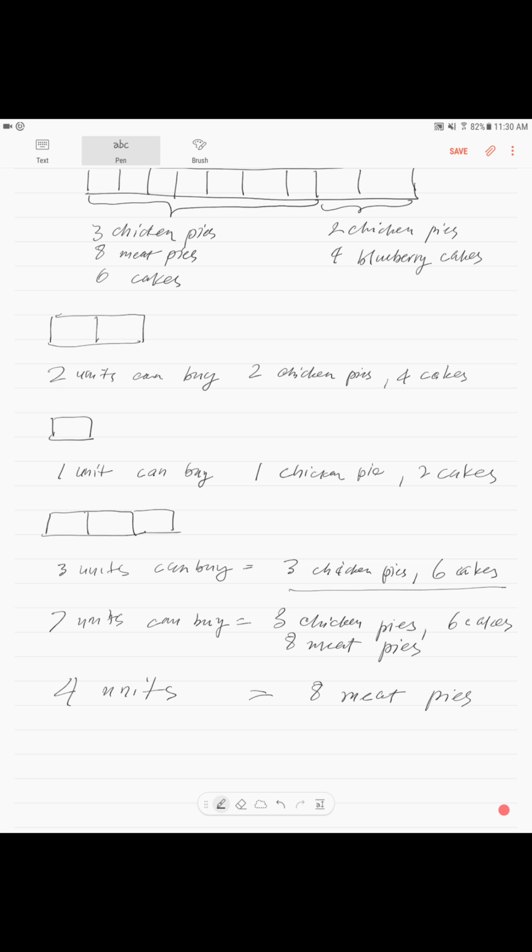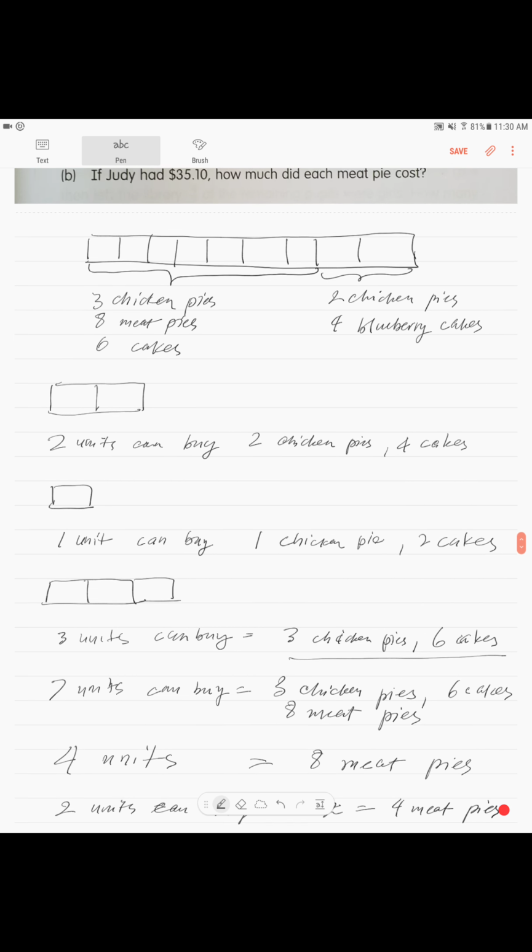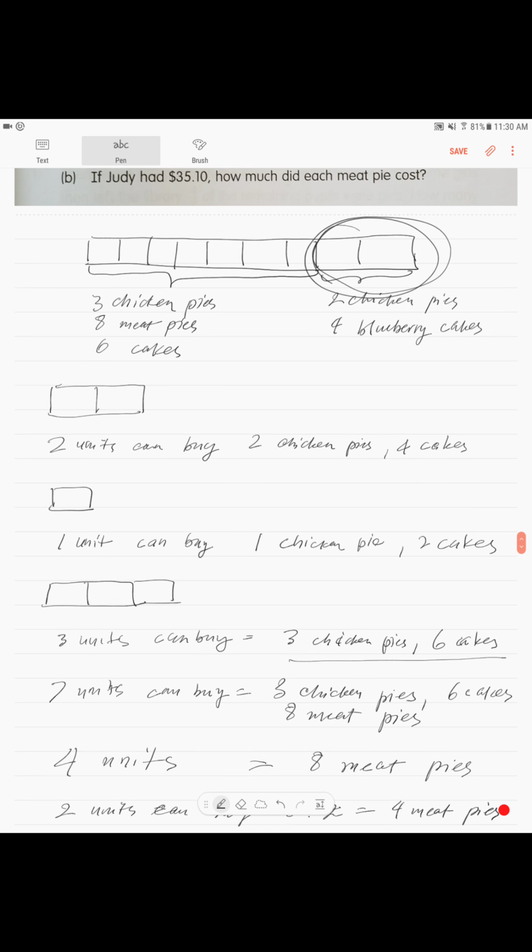That is it. So how about 2 units? 2 units can buy 8 divided by 2, which is 4 meat pies. So these are the 2 units we talk about.